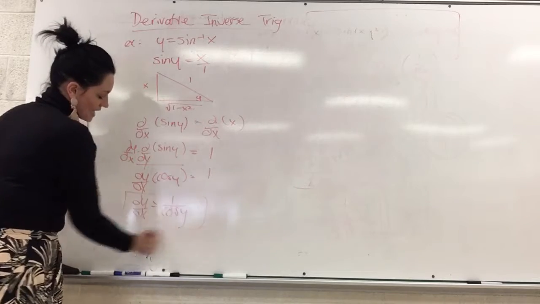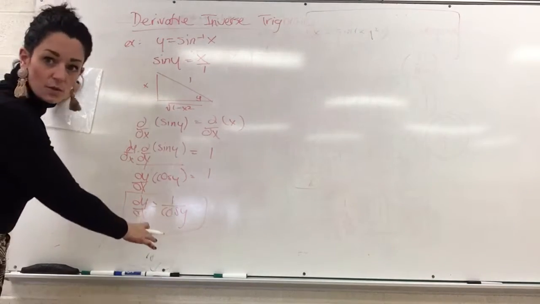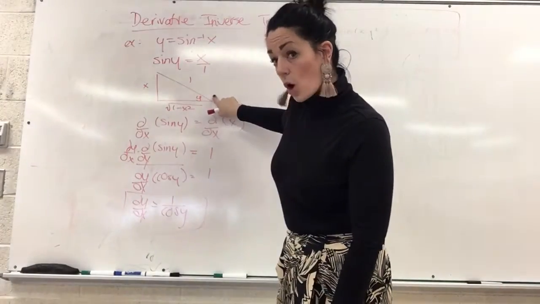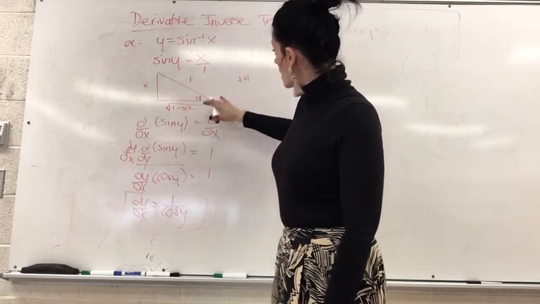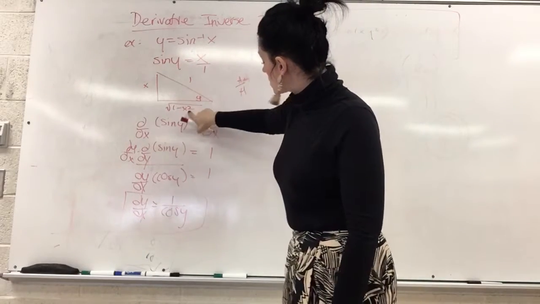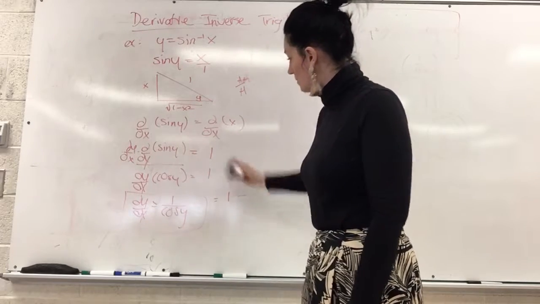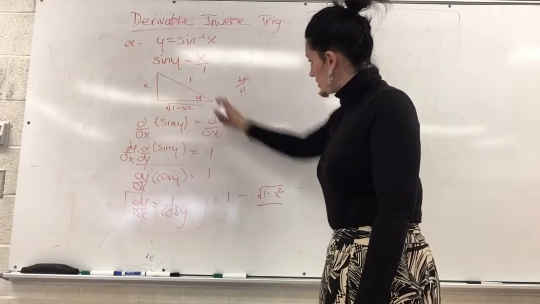Now we have a little bit of an issue, because I asked you to find the derivative of inverse sine of x, and I have an answer with a y. So what I'm going to do is look here. What is cos of y? Cos is adjacent over hypotenuse, right? So here's the adjacent. So this whole thing equals 1 divided by adjacent over hypotenuse.